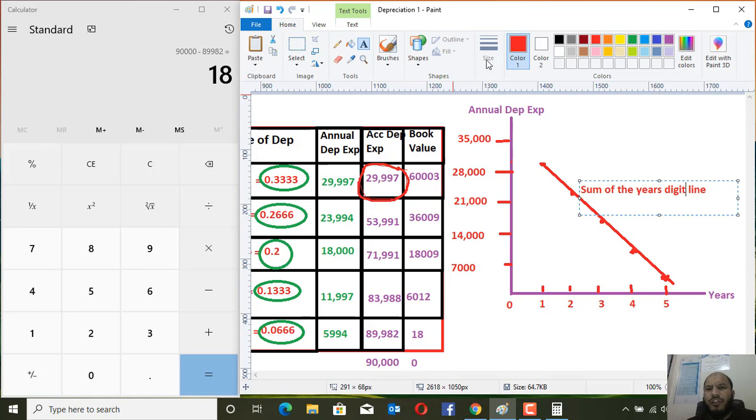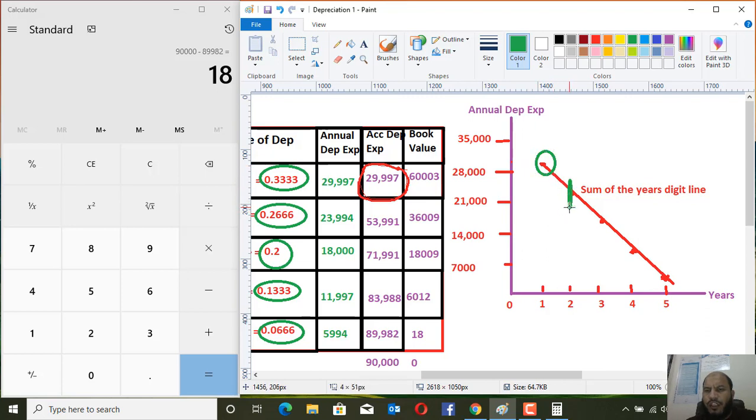If you see the situation over here, I found that in year 1 the company used a higher depreciation amount, but for year 2 it decreased. For year 3 it decreased, for year 4 it decreased, and for year 5 it decreased.